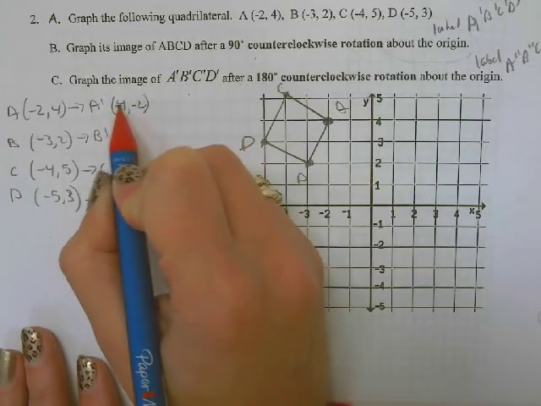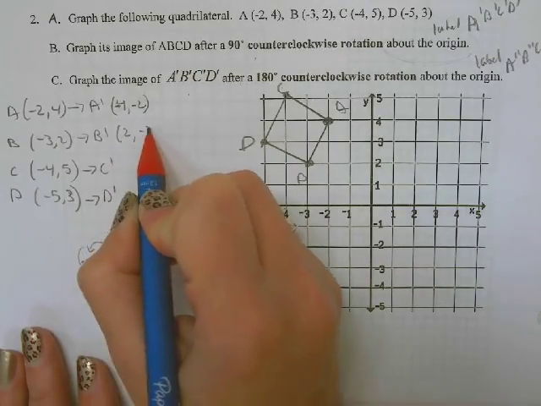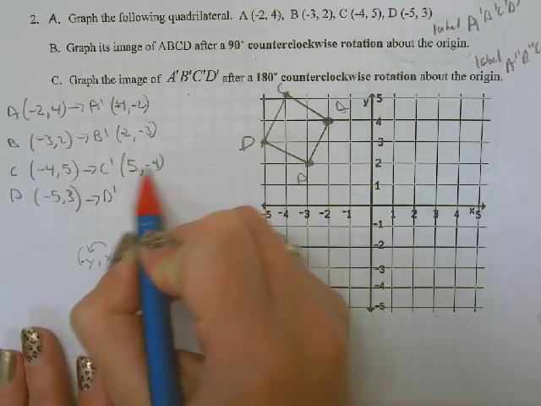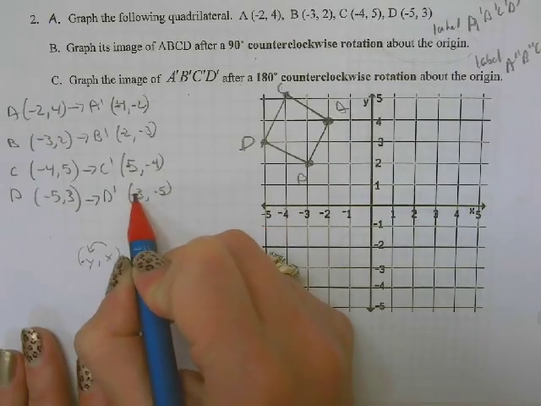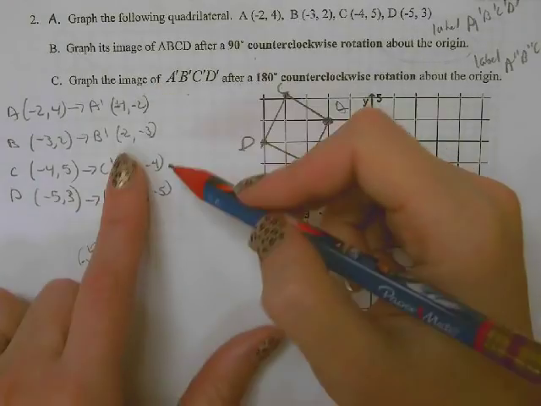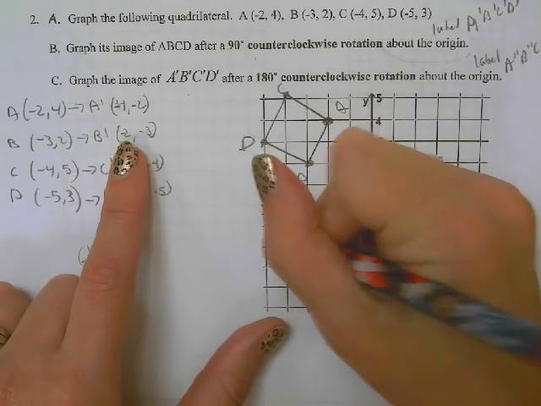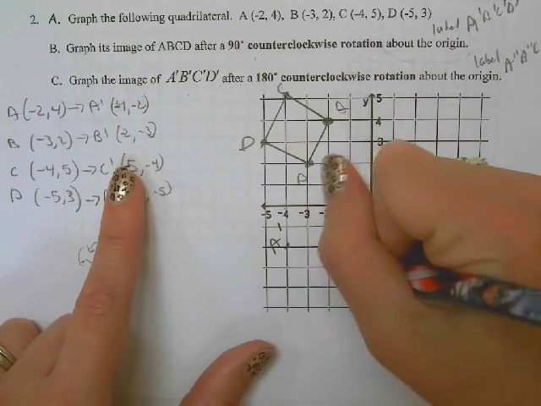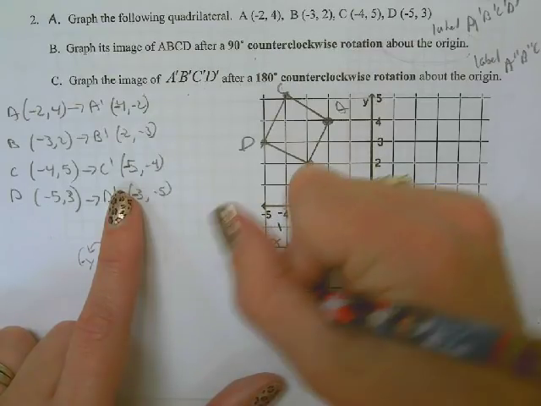Switch, change the sign. You can do it all in one step if you want, that's completely fine. Now regraph, (-4, -2) will be A prime, (-2, -3). Remember, boys and girls, you can pause this video and do the work and catch up to me.